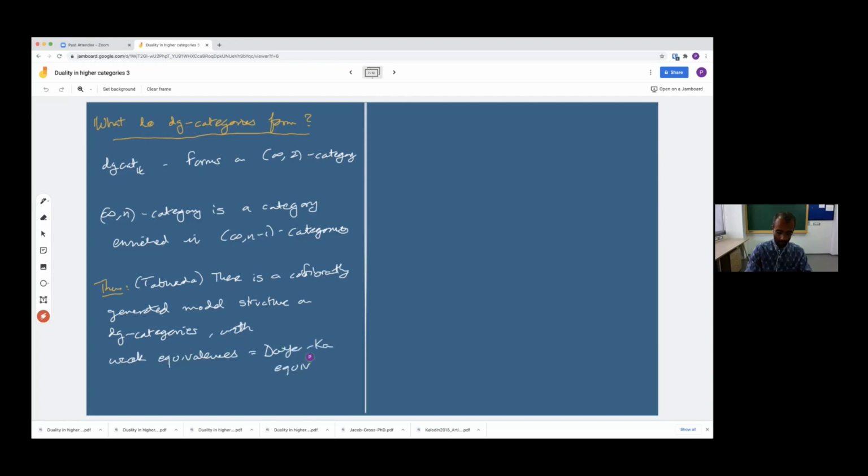So you can use this model structure to do things like derive the tensor product, right? So DG cat as a 1 category, DG cat is a closed symmetric monoidal category. And you can use the model structure.